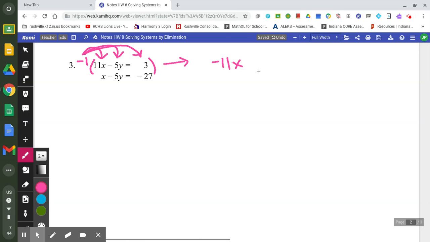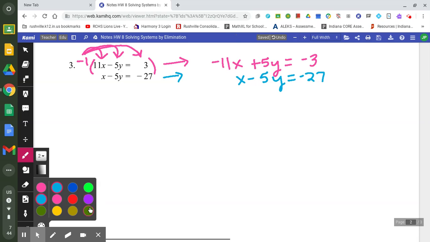Negative 1 times negative 5y is positive 5y equals negative 1 times positive 3 is negative 3. And then on the bottom, that equation doesn't change. It's going to stay x minus 5y equals negative 27.